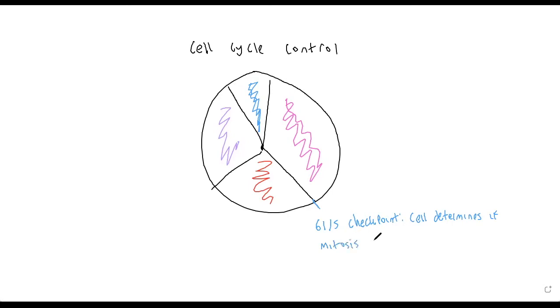It's not always. But what tells the cell to progress through these checkpoints? There's actually several checkpoints that control the cell cycle.